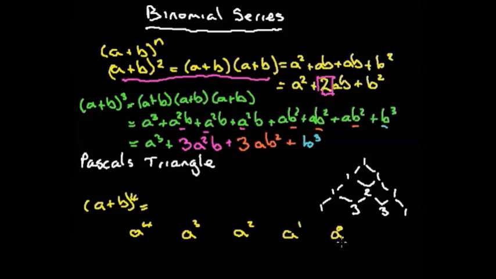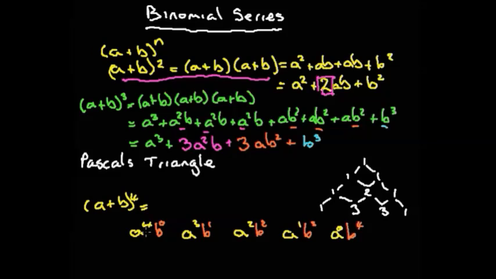So you remember that anything raised to the 0 is going to equal 1. Anything raised to the 1 is going to be equal to itself. So then the pattern for the b's, I've got b to the 0, b to the 1, b to the 2, b to the 3, and b to the 4.